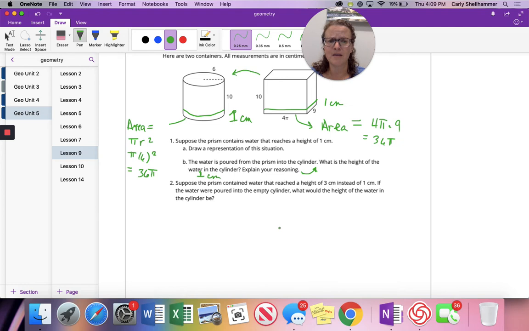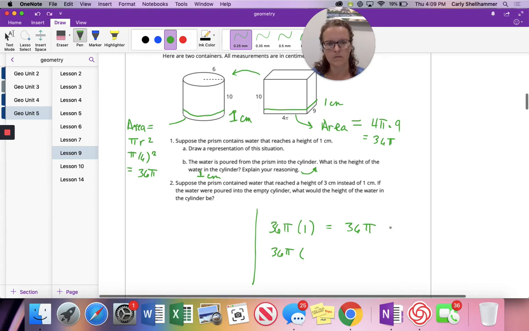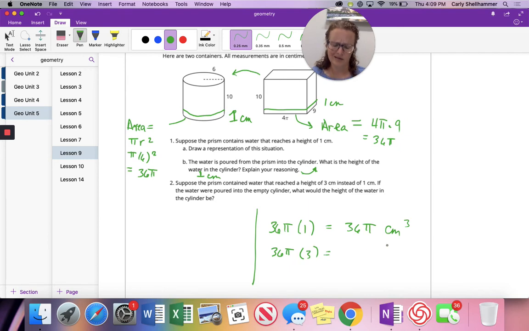The area of that bottom, 36 pi, still on the prism, times 1 centimeter high is 36 pi, and that's volume, in cubic centimeters. Times 3, it's the same volume, so it's the same height up.